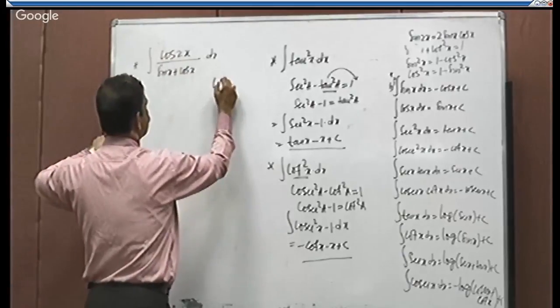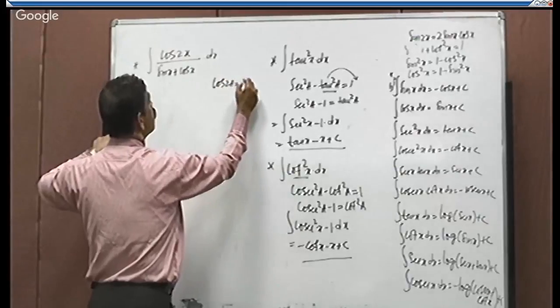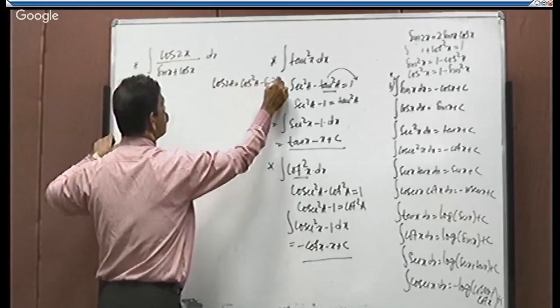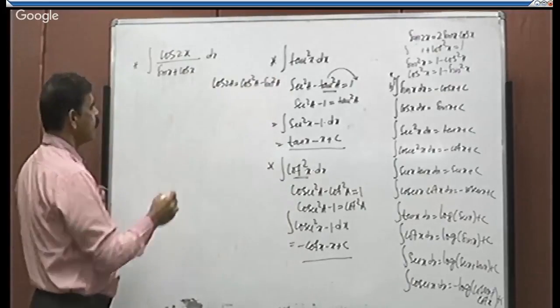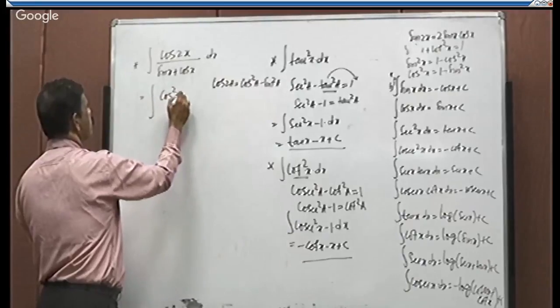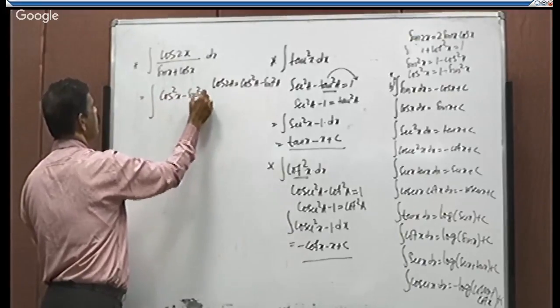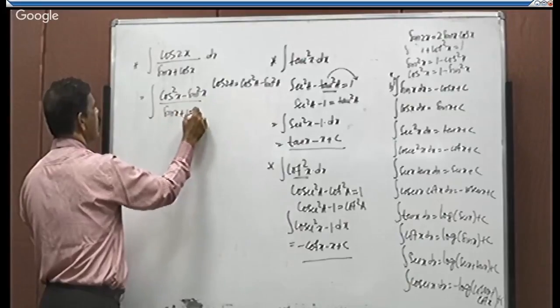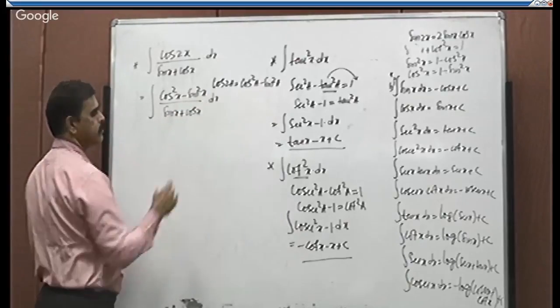Cos 2a is equal to cos square a minus sin square a. Is it right? In terms of cos and sin, we should take that, which is equal to cos square x minus sin square x divided by sin x plus cos x into dx.